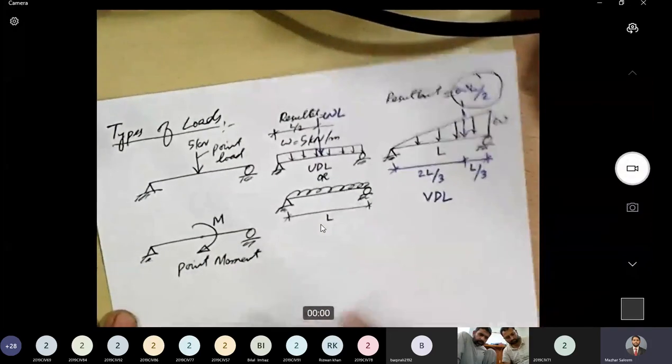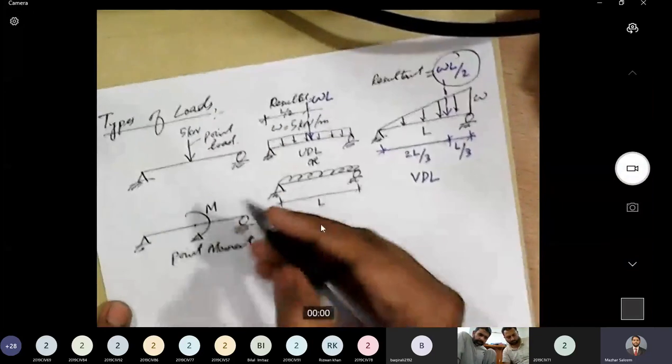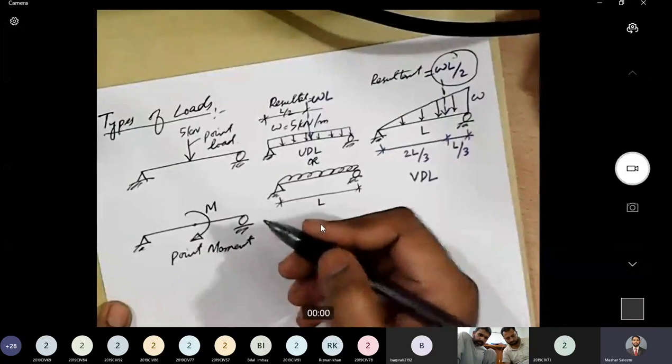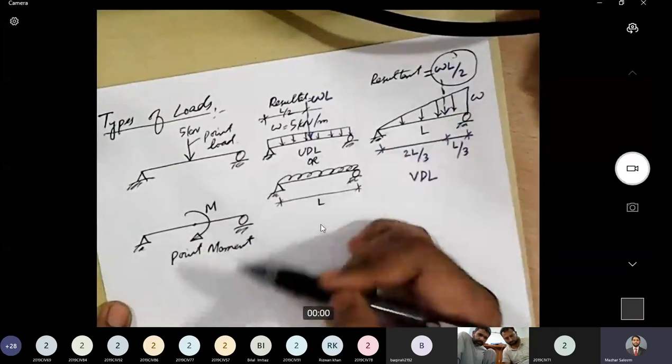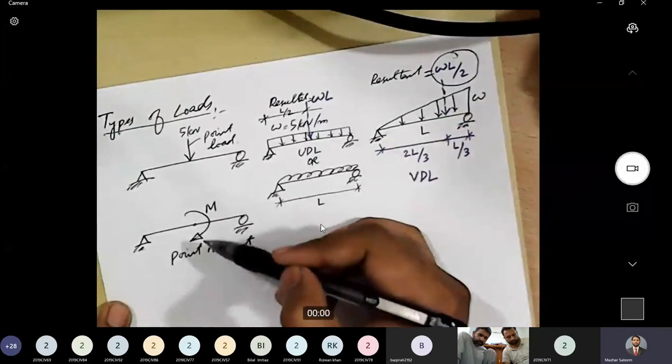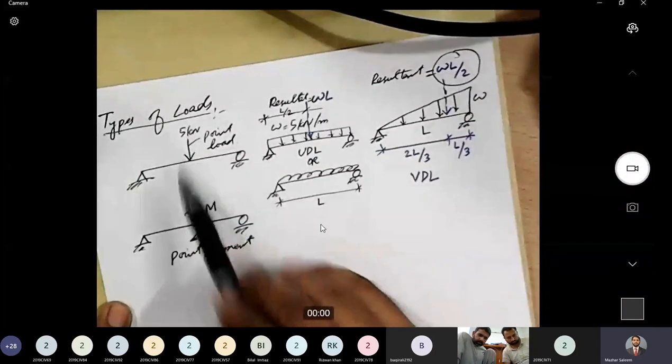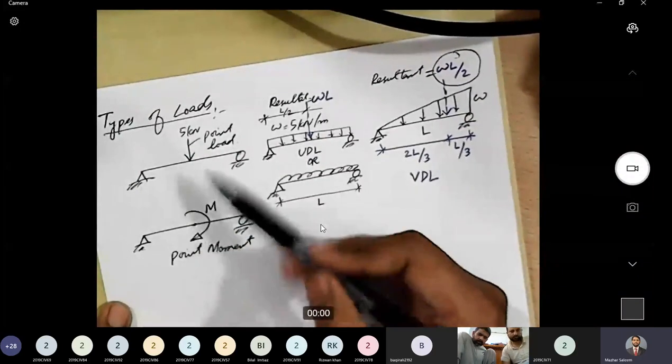When we start solving the numerical problems, we will see how to deal with point moments. But this is another type of load that we will have to deal with. That's why I thought it's important to point out. And when I say load, I mean both forces as well as moments. Both are loads for us.